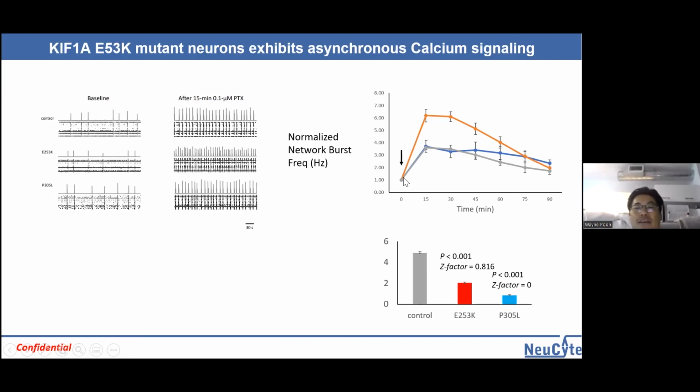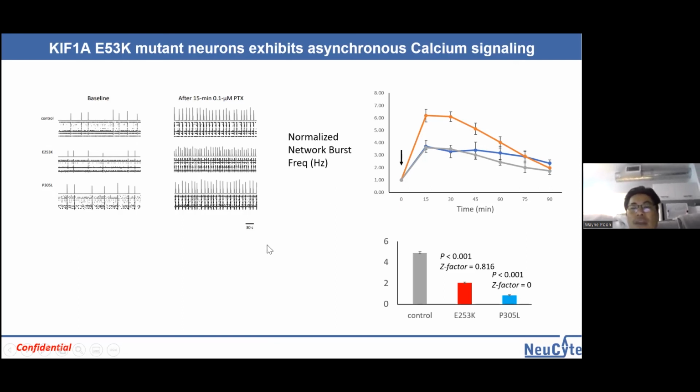And so this is just the normalized network burst frequency shown here. And then again, the E253K mutation shows a more exaggerated hyperexcitability.